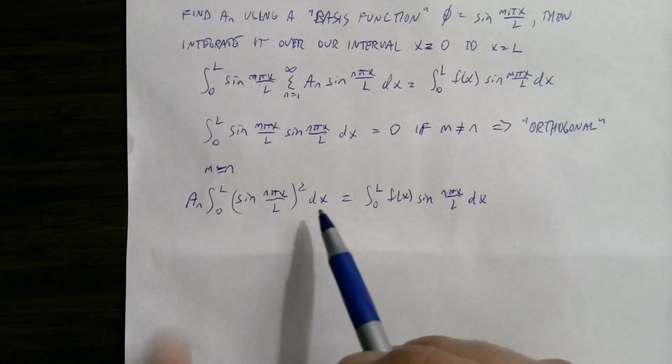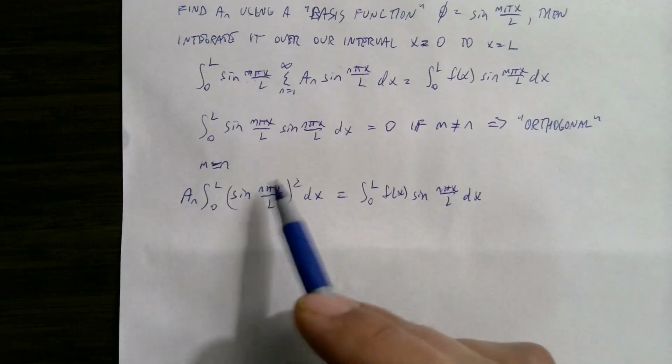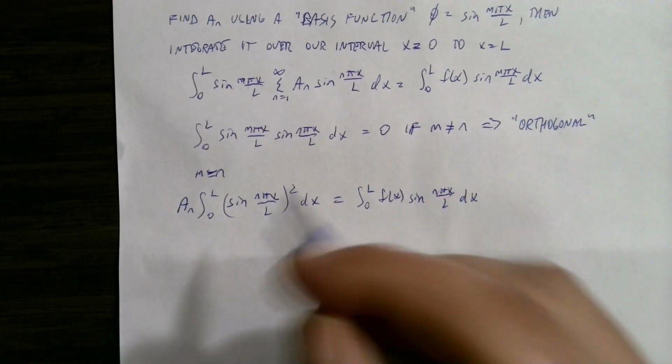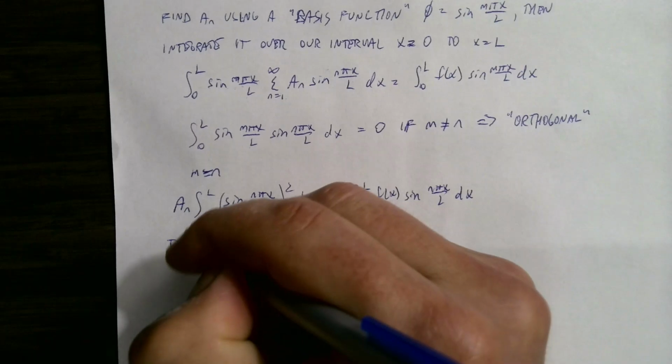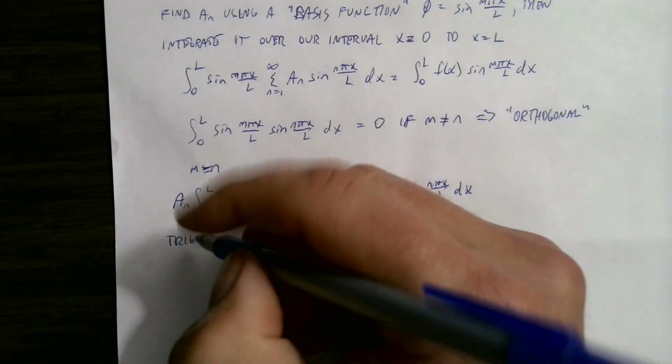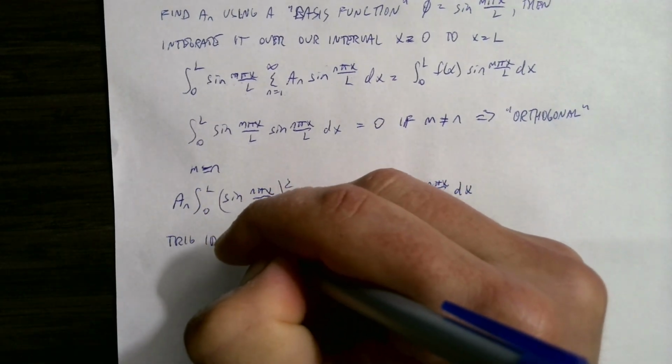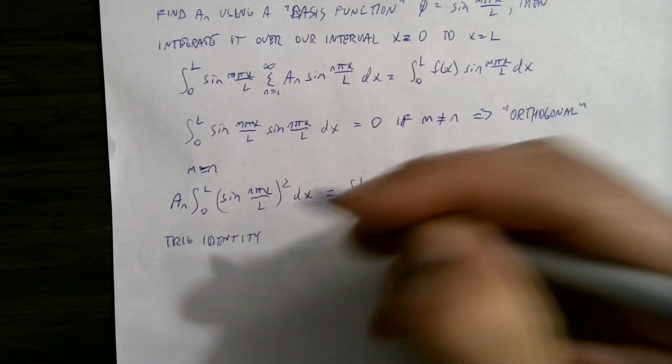And so this integral here on the left side is a sine squared. If you do a trig identity, I'm not going to go through all the steps of the trig identity and integral algebra.